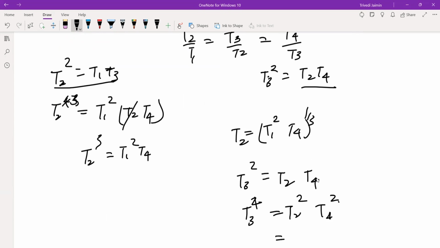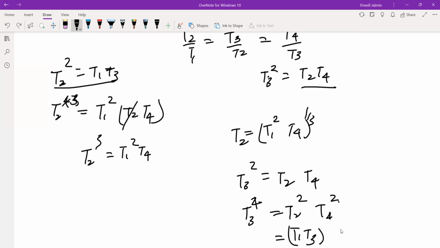So instead of T2, we can substitute T1, T3, the whole square.